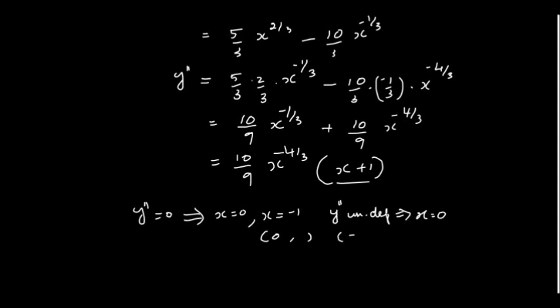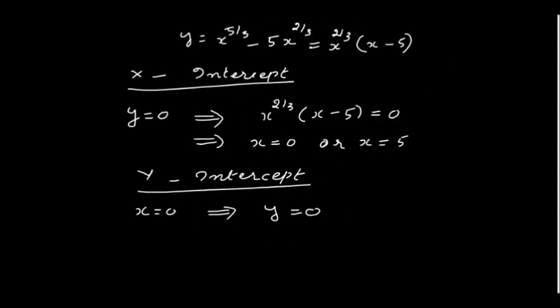So you can write the points as 0 and minus 1. Corresponding to 0, the value of y is 0 the same, and corresponding to minus 1 you will get the point as minus 6. You can calculate this from the function y.